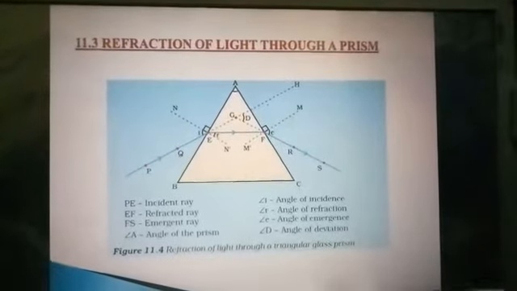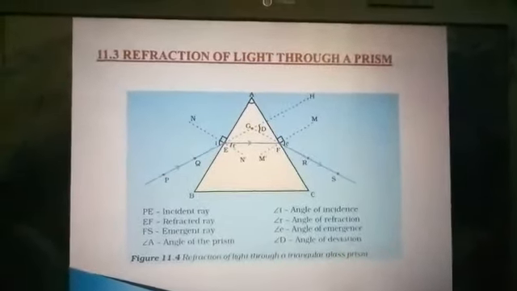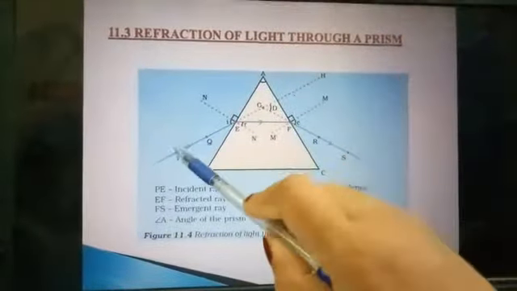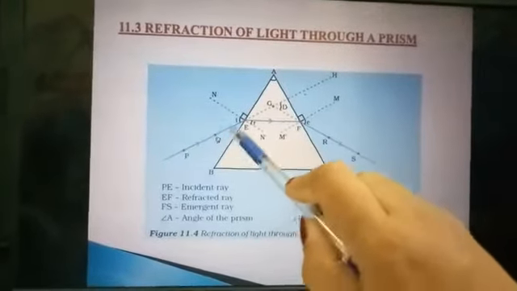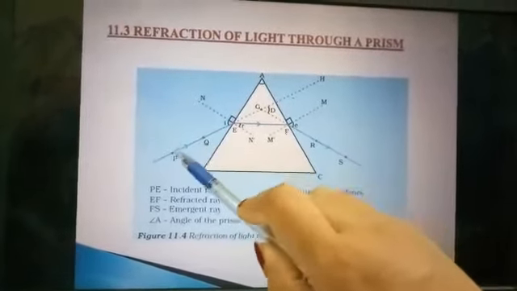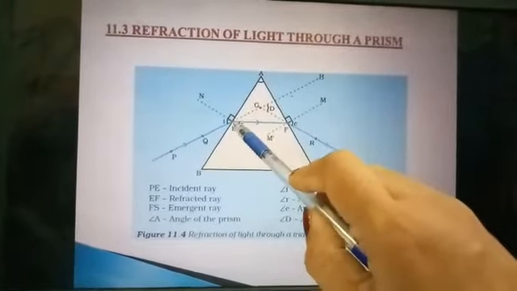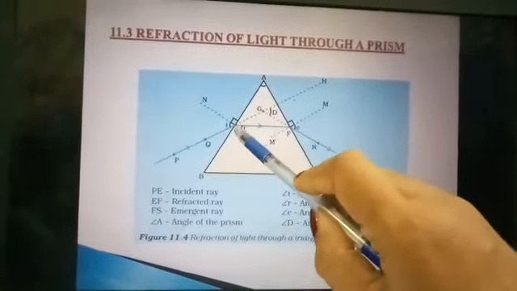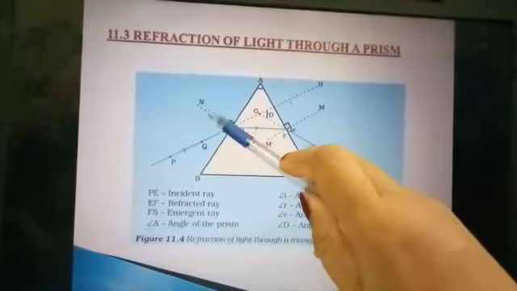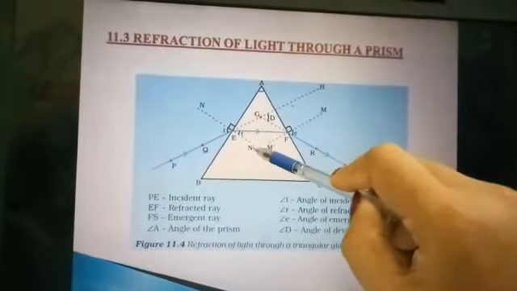So here we are making the first diagram of how it is. Here we have a ray of light, PQ. P and Q are 2 points there. So the ray of light is falling on one of the sides, the AB side of the prism. Clear? Then after falling, we have drawn the normal, N dash.